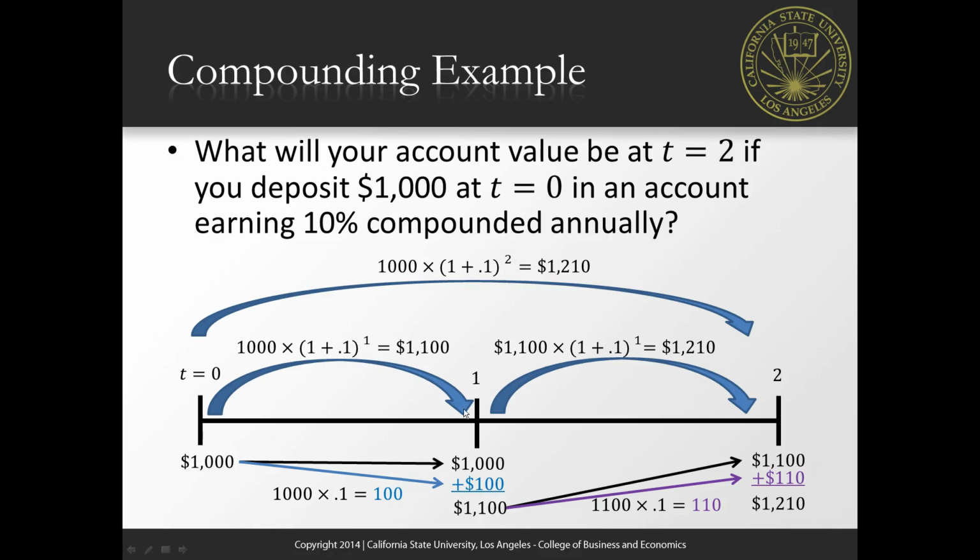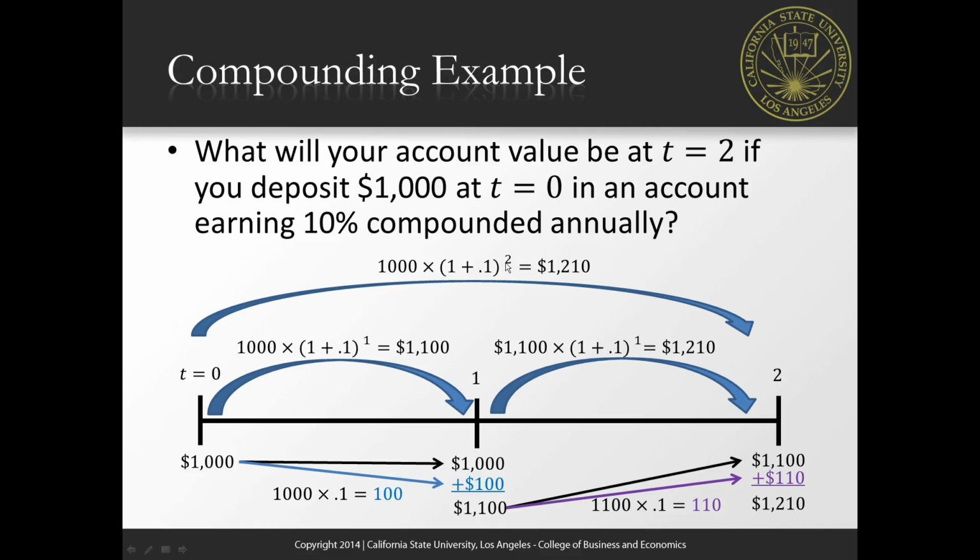So we have 2 periods, so n is equal to 2, and this is our n. If we were compounding this for 5 years, this would be 1,000 times 1 plus 0.1 to the 5th power. If we were doing this for 10 years, it would be 1,000 times 1 plus 0.1 to the 10th power.